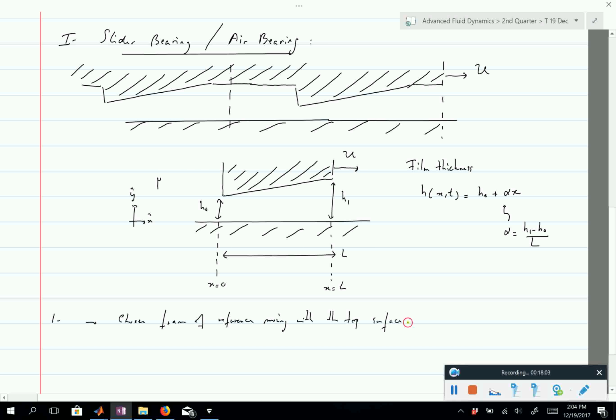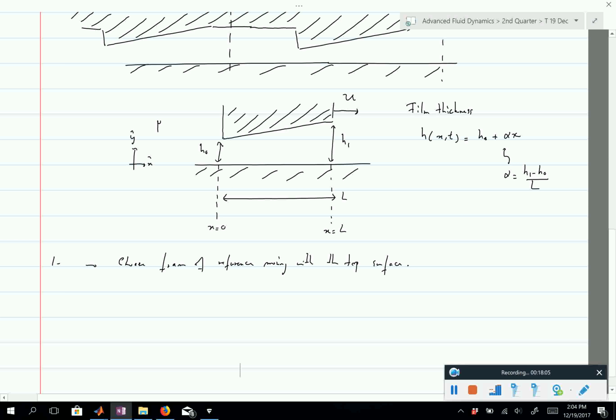So really what we have then is that this guy is not moving, but the bottom plate here is moving at a velocity minus u. Do we agree? If we're in the frame of reference not moving and we are on the top surface, then this is what it is. So the first question would be to choose the frame of reference. We want to be in the top frame of reference.